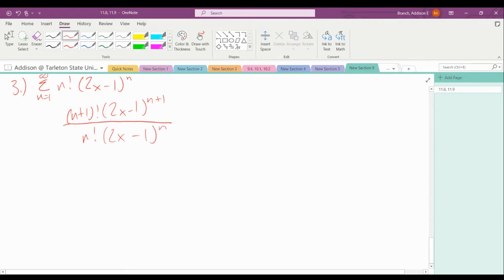All right, so now we can go ahead and clean this up a little bit. We can get n plus 1, n factorial, 2x minus 1 to the n times 2x minus 1 over n factorial times 2x minus 1 to the n.